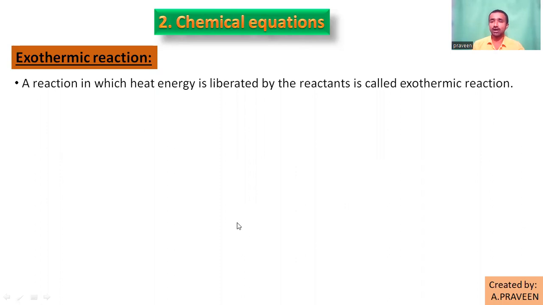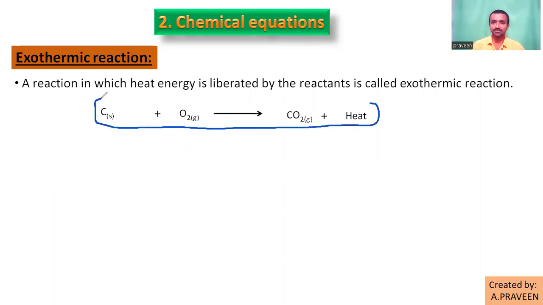So here carbon, a solid, combines with oxygen, a gas, and they give you, after the change, carbon dioxide along with heat and light. So this is a representation of an exothermic reaction. This is what? Exothermic reaction. So like this we can represent it.